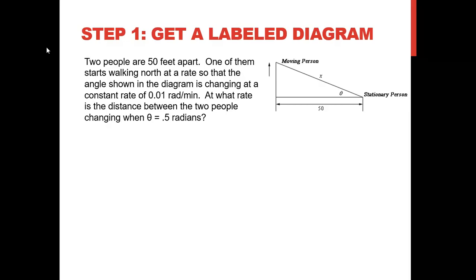The diagram is already labeled for us. x is the distance between the two people, and I'm pretty sure the distance between the two people must be increasing, since one person is walking away and the other person is not even moving. So we have x as an increasing quantity, so its rate of change we expect to be positive.